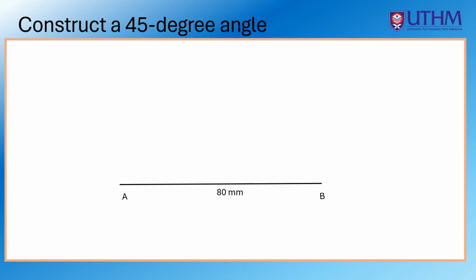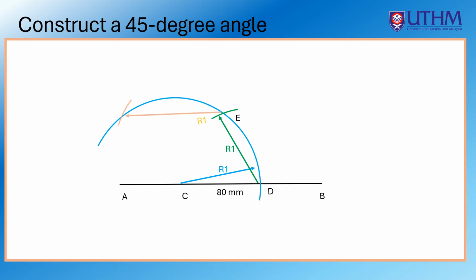Then from any point on the line AB, in this case point C, create a curve with a radius R1 that intersects line AB at D. From point D, create a curve with radius R1 that intersects the previous curve at point E. From point E, create a curve with a radius R1 that intersects the previous curve at point F. Now, with a radius R2, create a curve from point E and F that intersect each other.